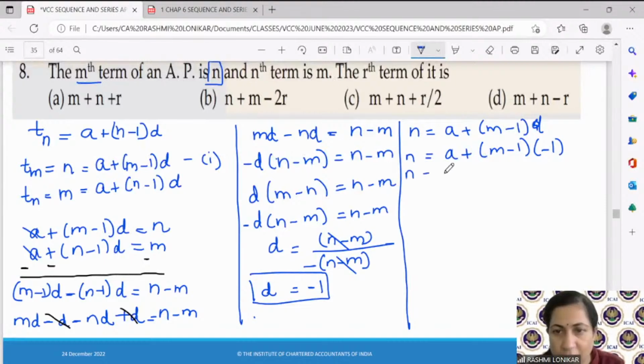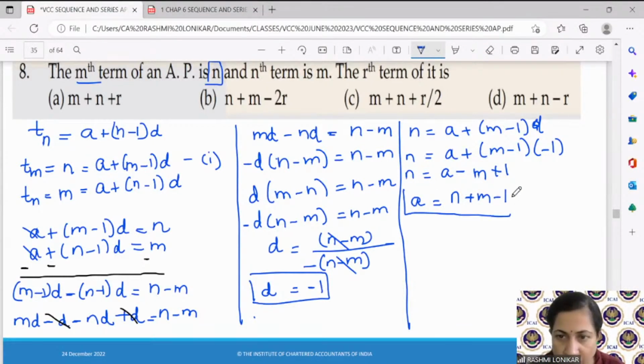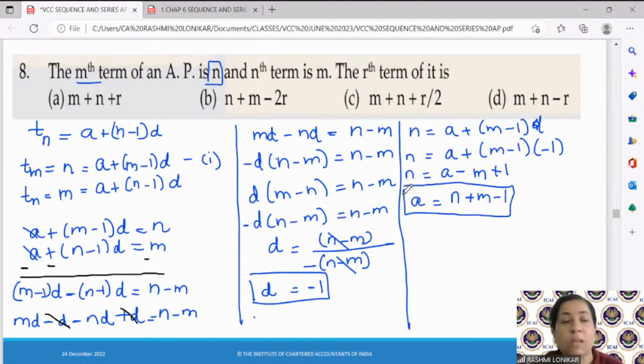So n is equal to a plus, not plus, now it is minus. m into minus 1 is minus m. Minus 1 into minus 1 is plus 1. So a is how much? I take this minus m and plus 1 to this side, and minus m will become plus m, plus 1 will become minus 1. So what is my a? a is this much.